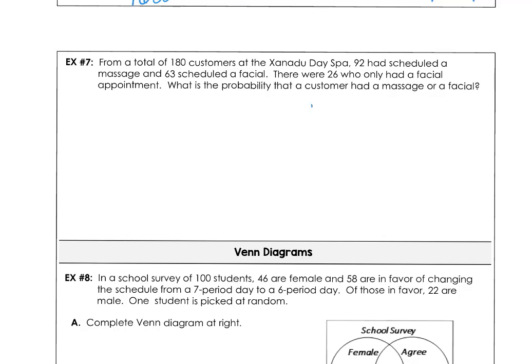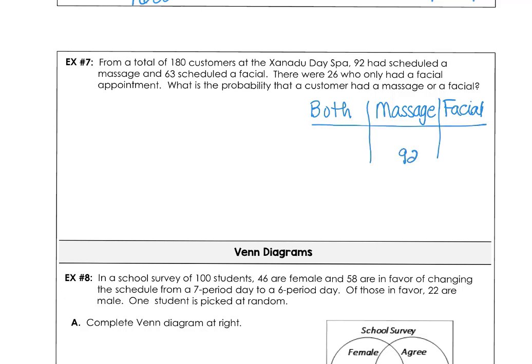So we have both, and we have a massage, and we have a facial. So they told us that there were 92 that scheduled a massage, and 63 had a facial, and 26 had just a facial.